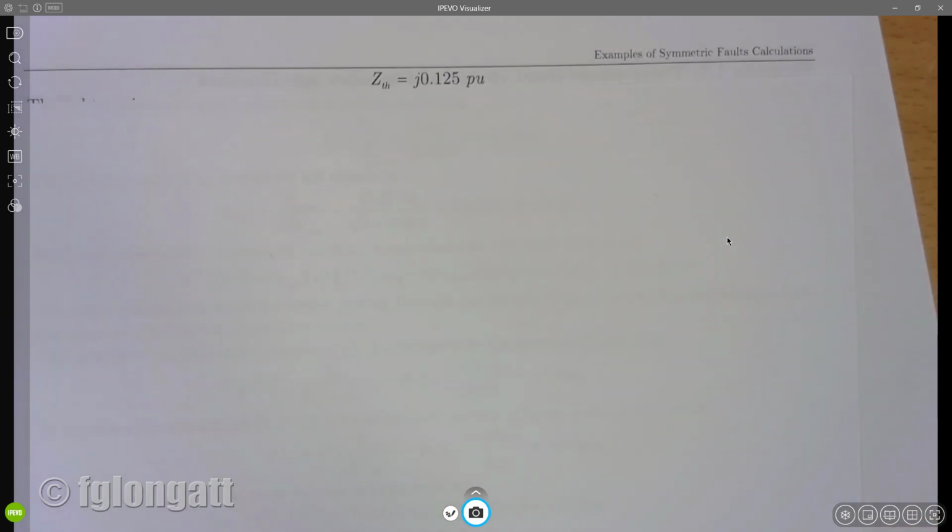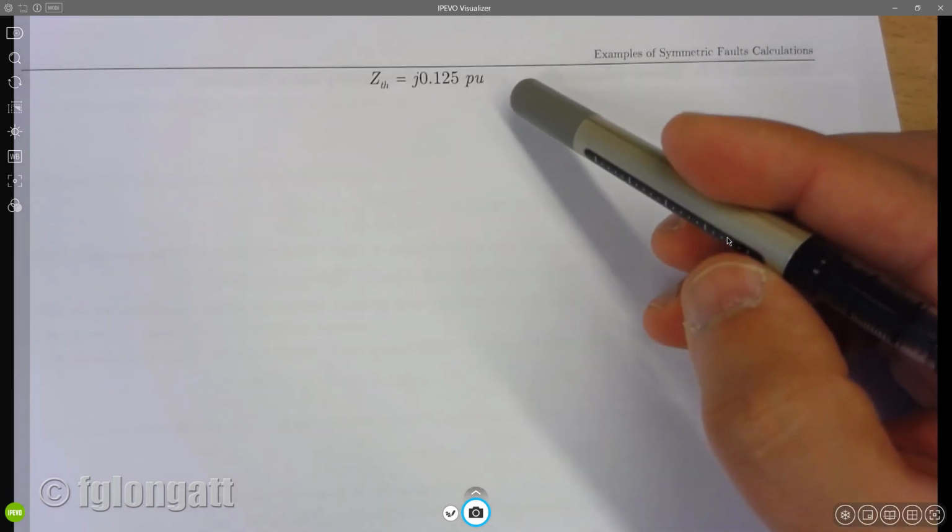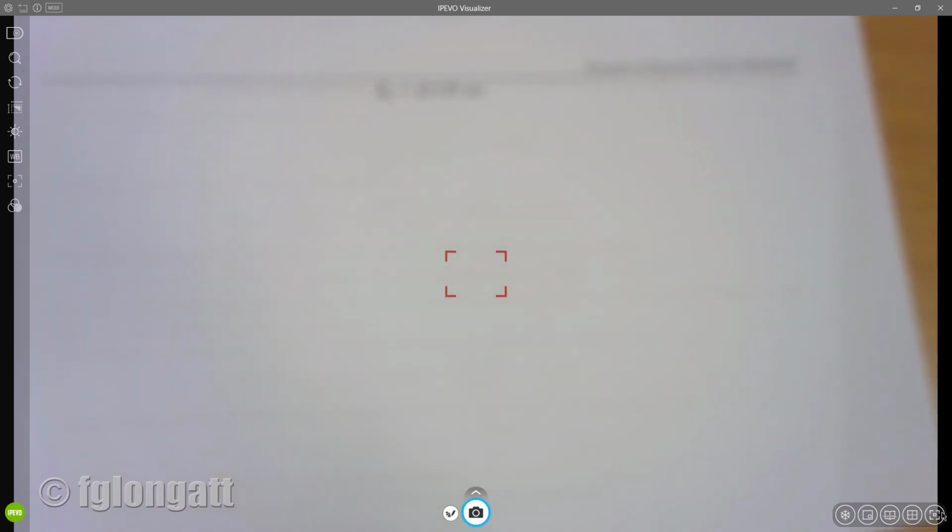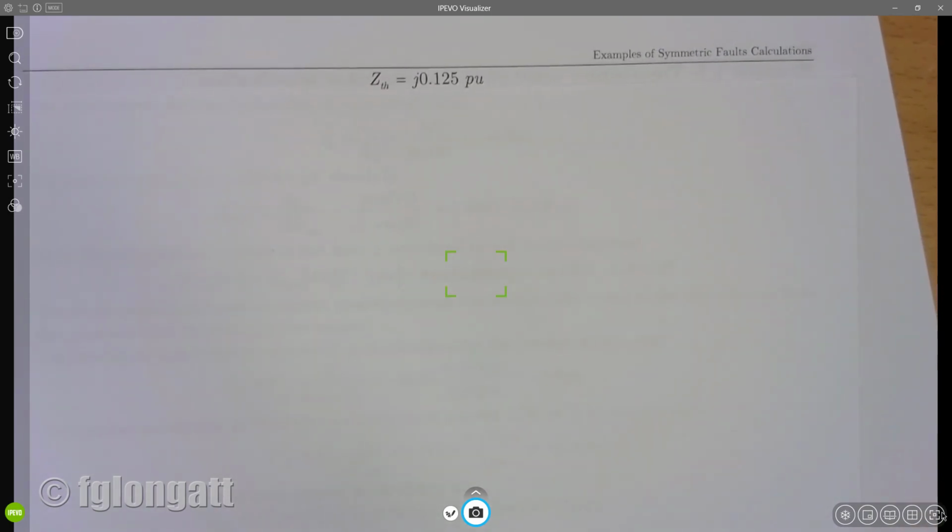Now we can obtain here, you can see that the Thevenin impedance is something very simple, 0.124, okay? Very simple.